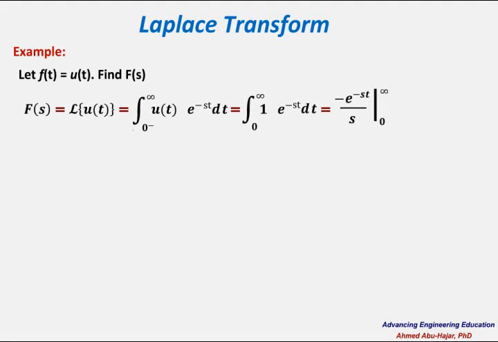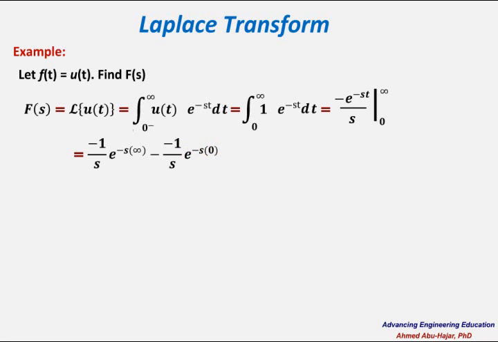Now when we substitute for t, this integration will equal minus 1 over s times e to the minus s times infinity, minus the minus 1 over s times e to the minus s times 0. Now we know that e to the minus s times 0, which is the second term, will equal 1.